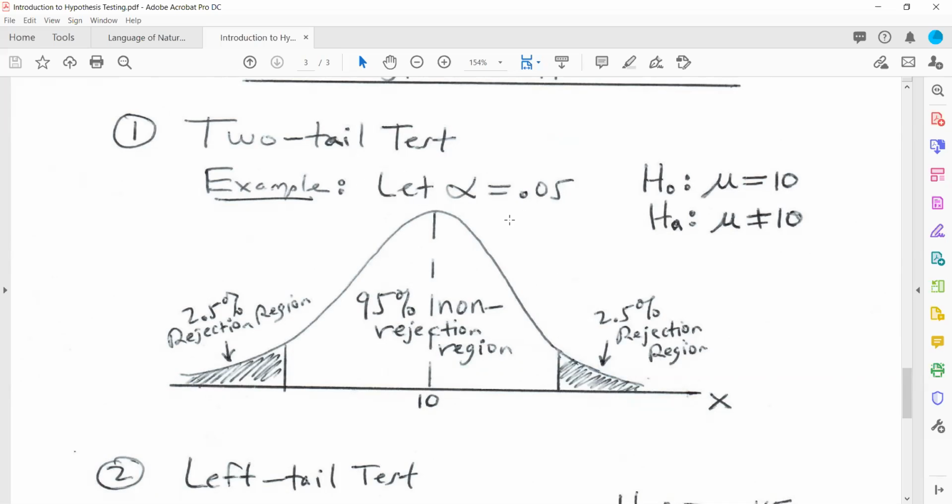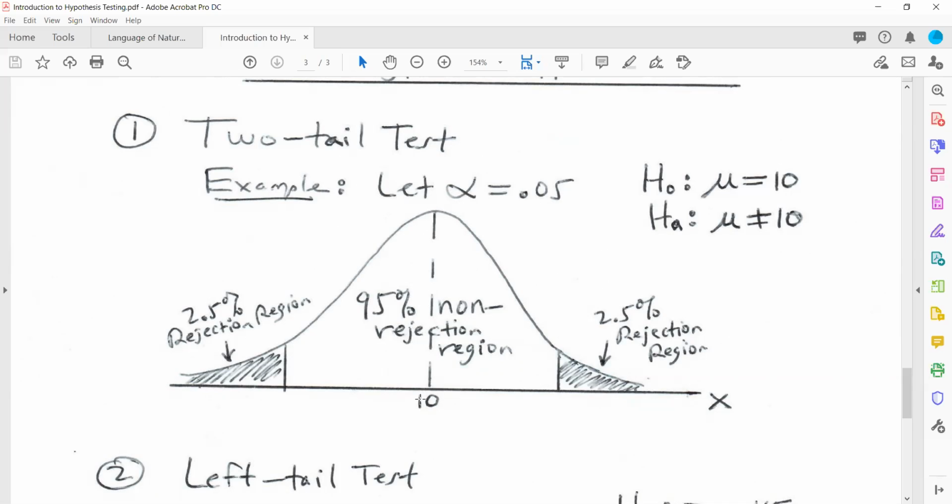All right. Now, what we do is for the two-tailed test, only for the two-tailed test, we take our alpha and divide it by 2. And we put half of it on the right tail of a bell-shaped curve, and we put half of it on the left tail of a bell-shaped curve. We take our mean, which is proposed in our null hypothesis, and we place it in the middle.